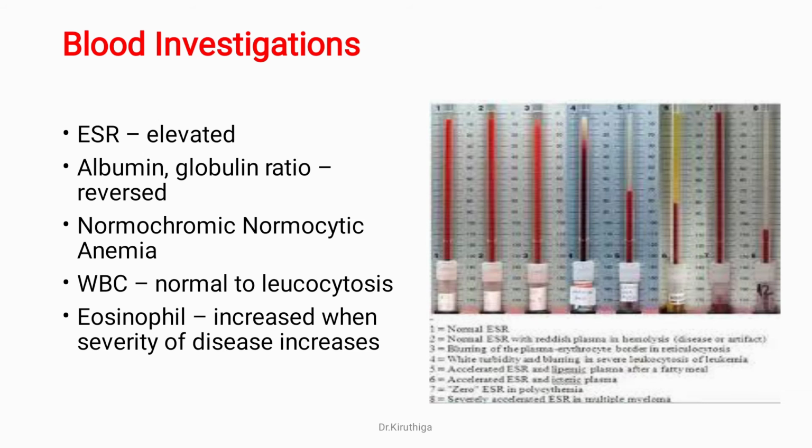So there will not be any abnormalities in the RBCs, but only a reduction in the number of cells, normochromic and normocytic anemia. When it comes to WBC, there will be a normal count or leukocytosis. If there is increased eosinophil, it indicates that the inflammatory process is very severe.